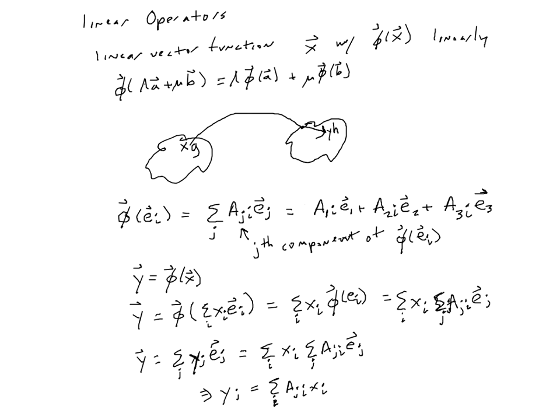In other words, I can relate the components of one to the components of the other. And so if you assume that x and y are written using the same coordinate basis, then you can basically change from one arbitrary vector to another one by just altering the components. And this tells you how to change the components.